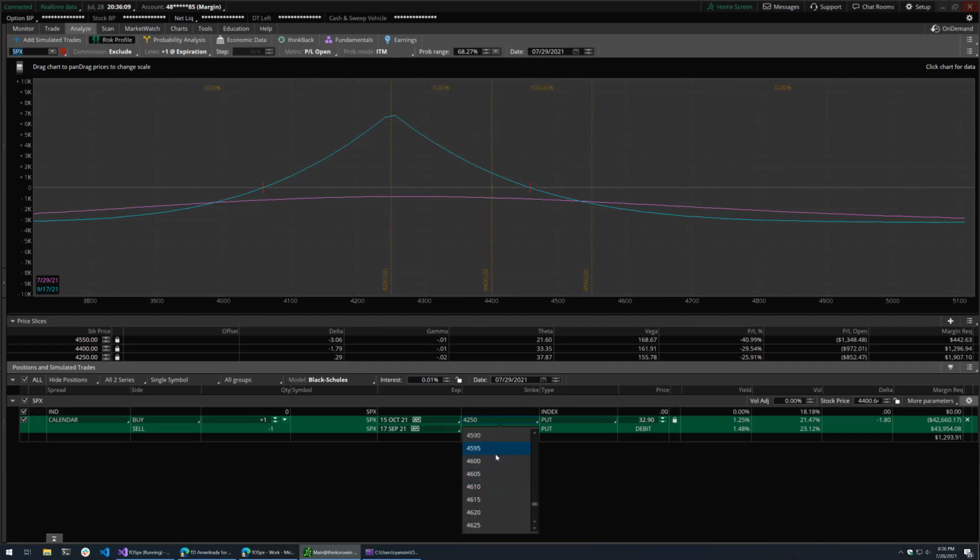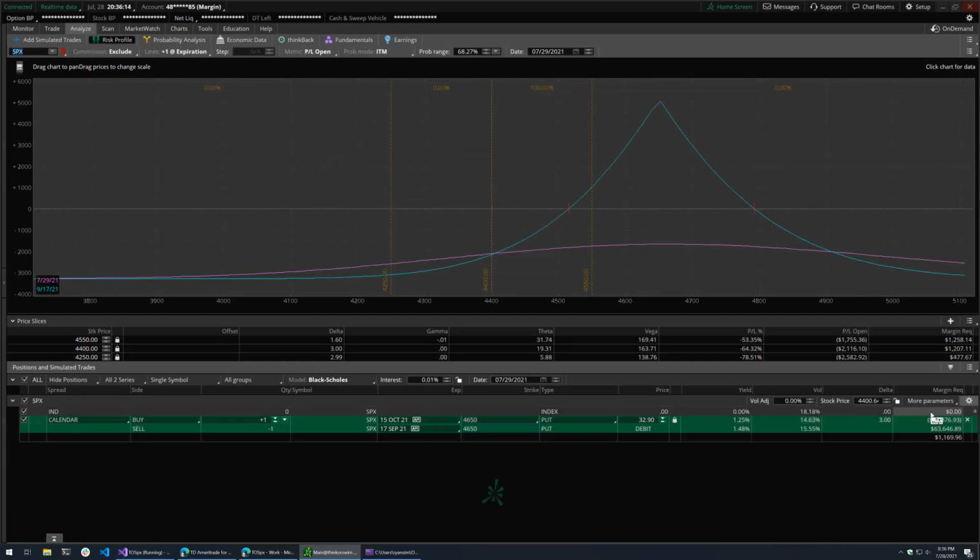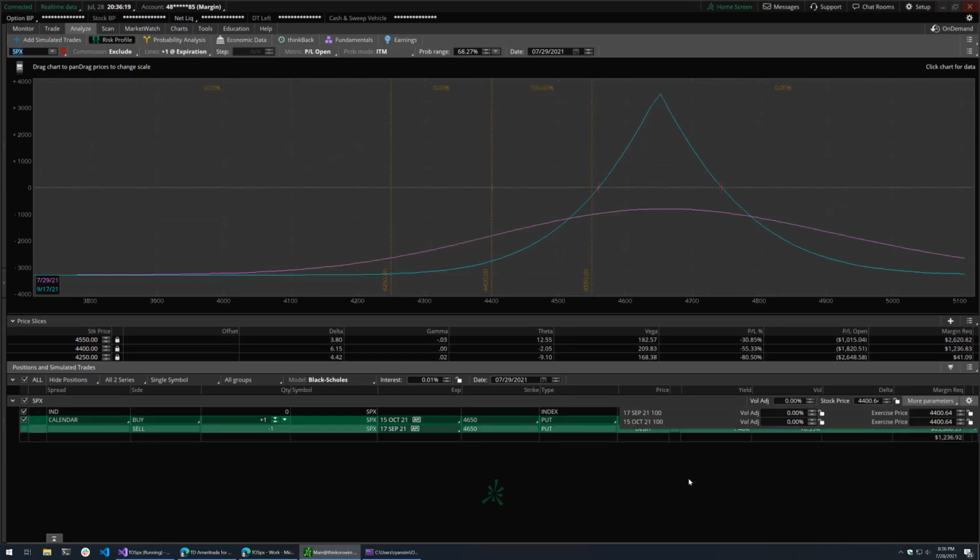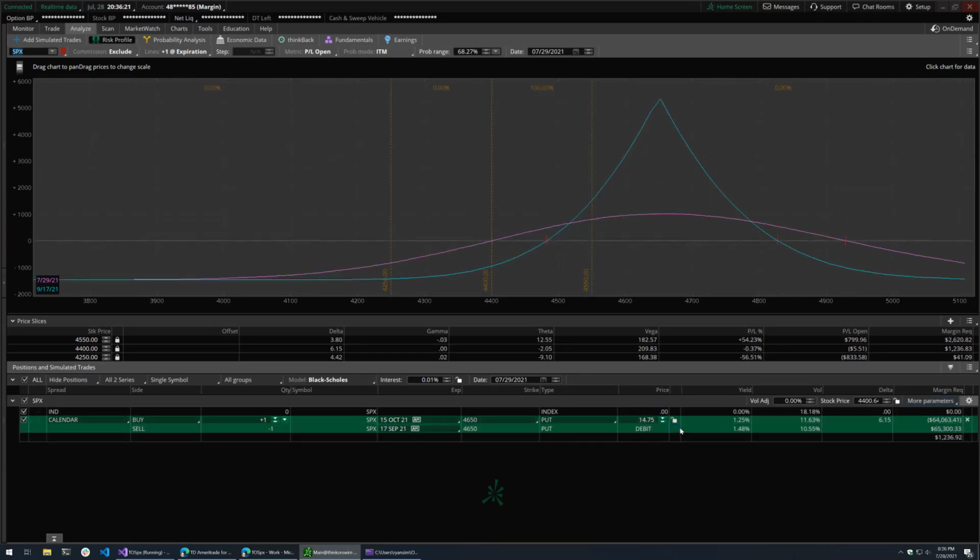So we're currently at 4,400, and we're thinking the market's going to rebound, and we're playing it in this direction. We'll reset our vol price here. So here we are today, and suppose we think the market's going to go up. We can trade this calendar directionally by placing it above the market.